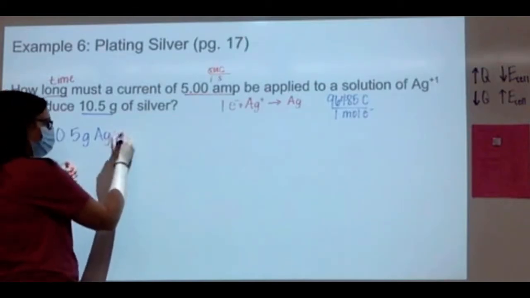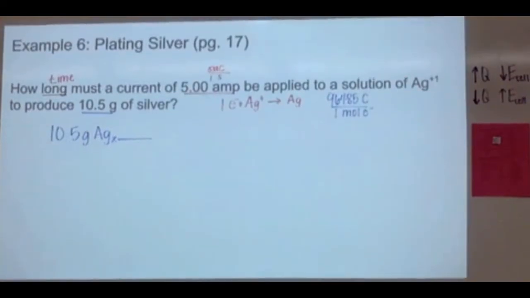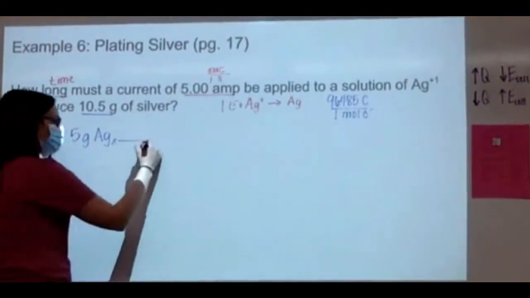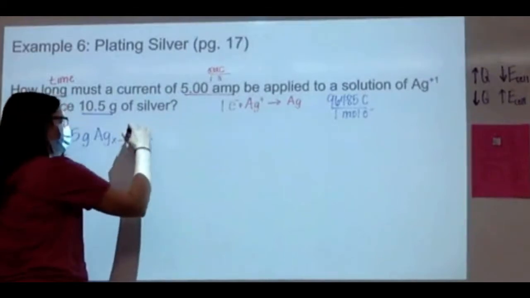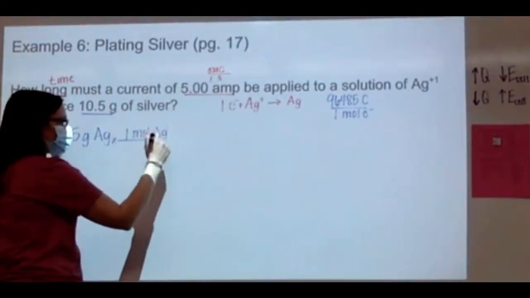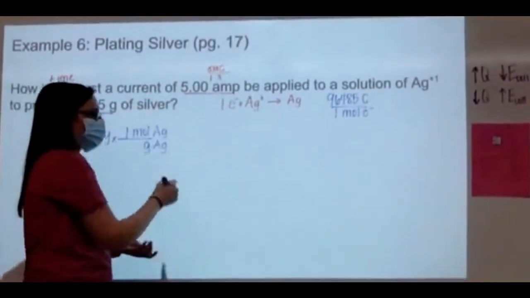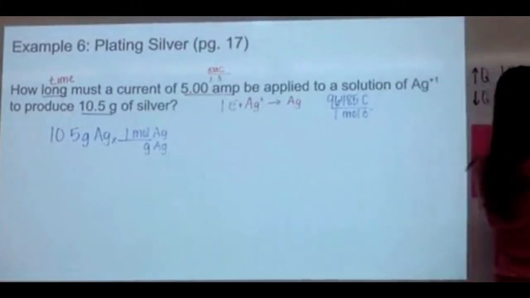Well, for any stoichiometry problem, you start with grams. What should we go to first? Moles. I highly recommend that you always label with a substance. So it's grams of silver to moles of silver.